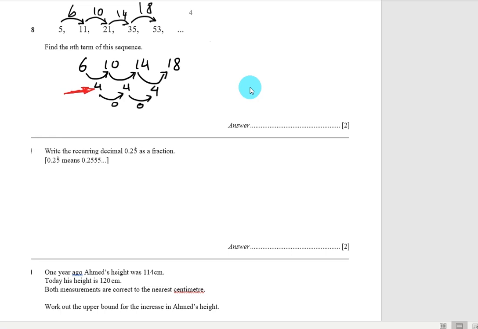It means the equation will be in this way: an squared plus bn plus c. So the equation of the series would be an squared plus bn plus c.